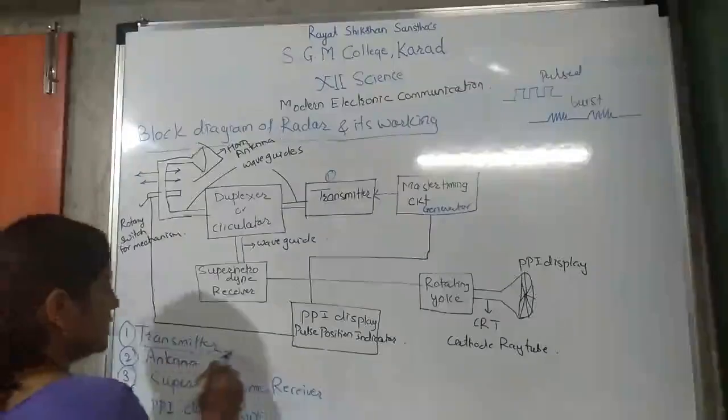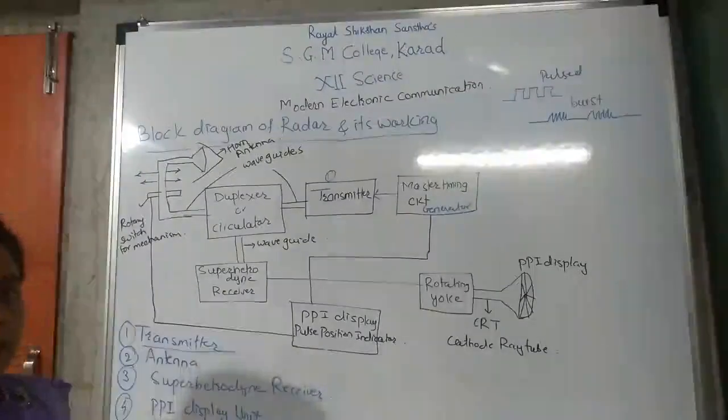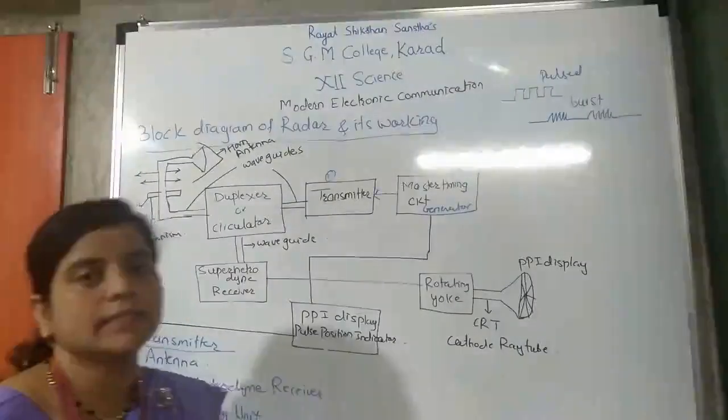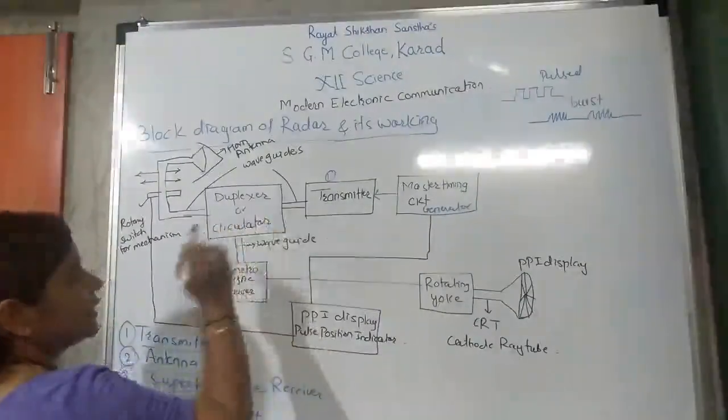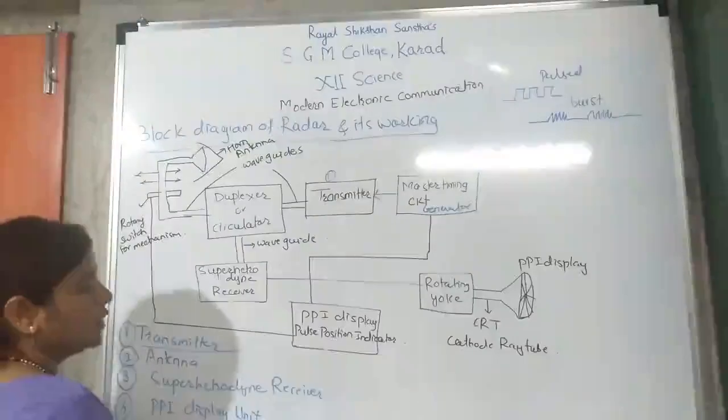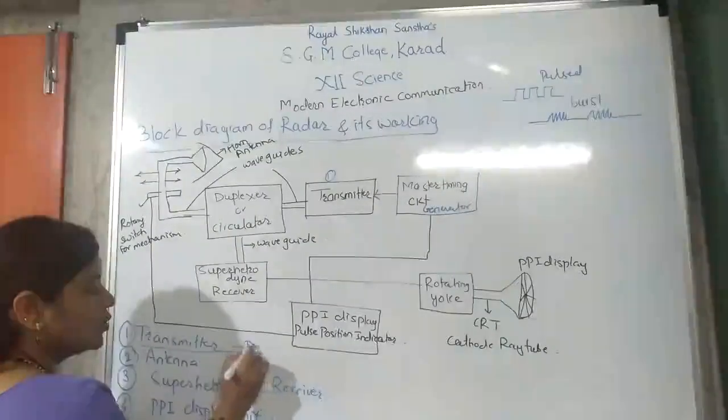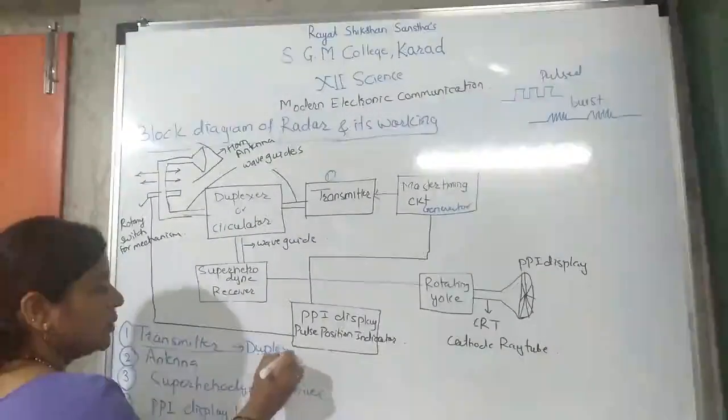First, the transmitter is there. We know what a transmitter is. A transmitter is used to transmit the signal from one point to another. And this transmitter is connected to the duplexer. Why is it called a duplexer?